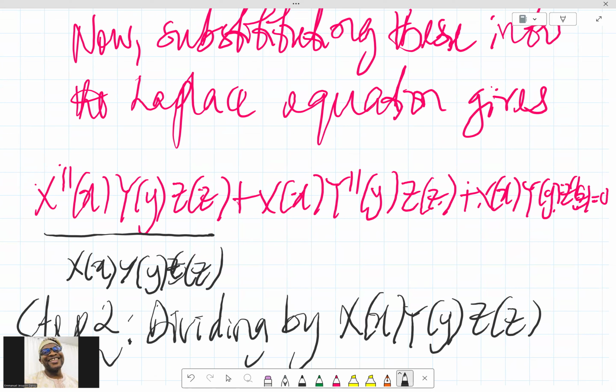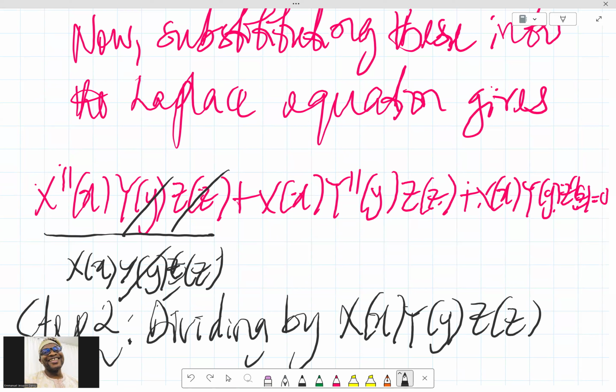So this way, Y of y will cancel, Z of z will cancel. So you have X double prime of x all over X of x. Here it's the same: this will cancel, and you have Y double prime over Y. Here this will cancel, so you have Z double prime all over Z.